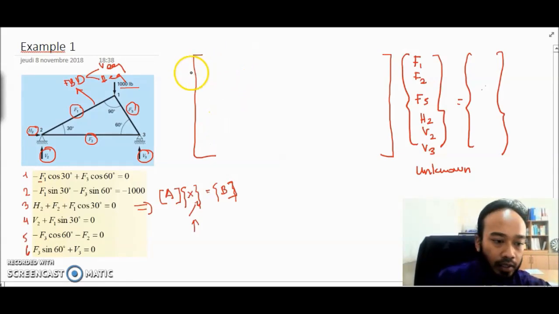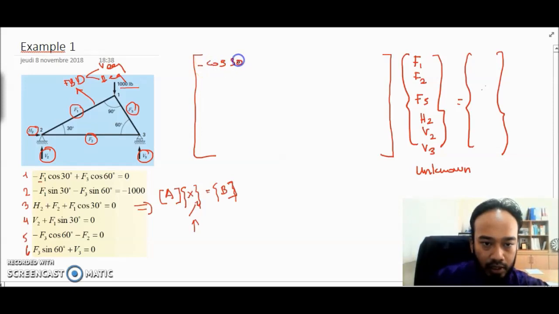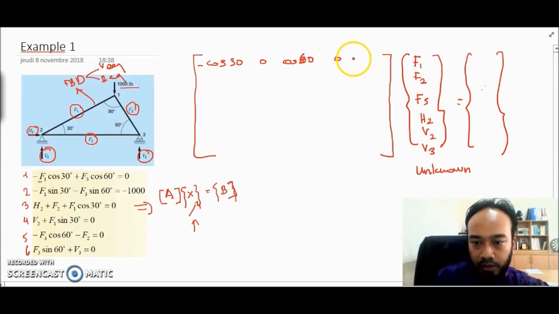Hopefully this will be enough. So as we said just now, it's minus f1 cos 30. There's no f2, so 0 for f2. There is f3, which is multiplied by cos 60. And for the other unknowns, there is nothing, so there's going to be 0 for H2, 0 for V2, and 0 for V3.